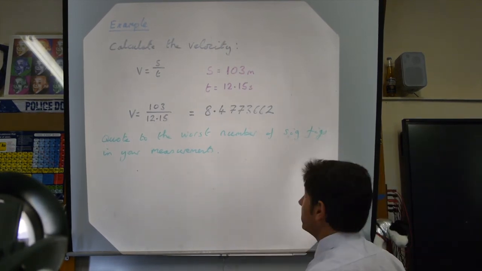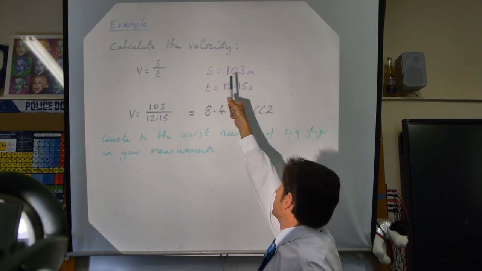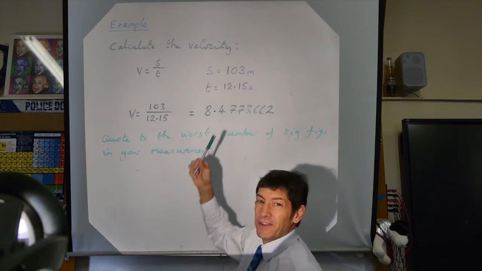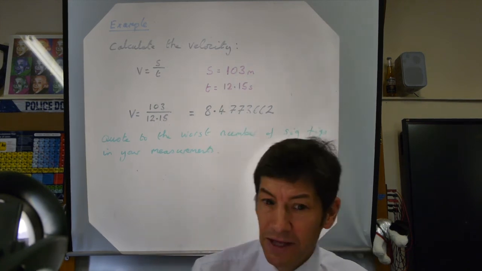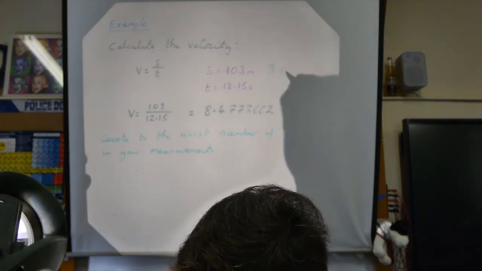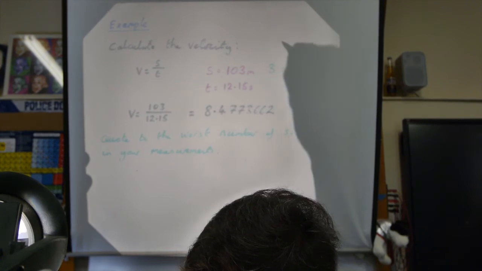So we look at our measurements and we go, okay, got this one here, 3 sig figs, got this one here, 4 sig figs. That's the one that kind of messes it up, technical term, clearly. So in this case, we've got 3 sig figs here, which is our worst.